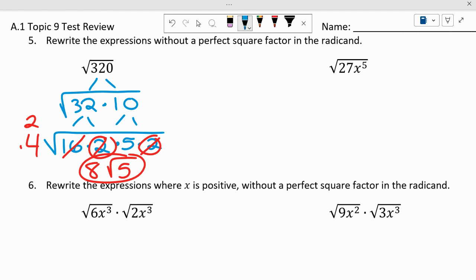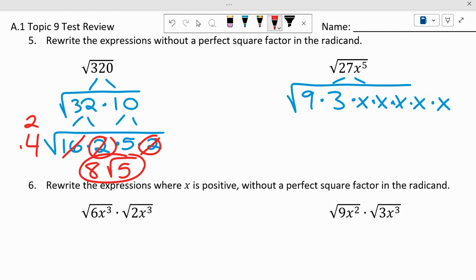For number 5, I am going to do the one on the right as well, just because this one has very two things that multiply to 27, 9 times 3. X to the 5th means x times x times x times x times x, 5 x's. 9 is a perfect square.